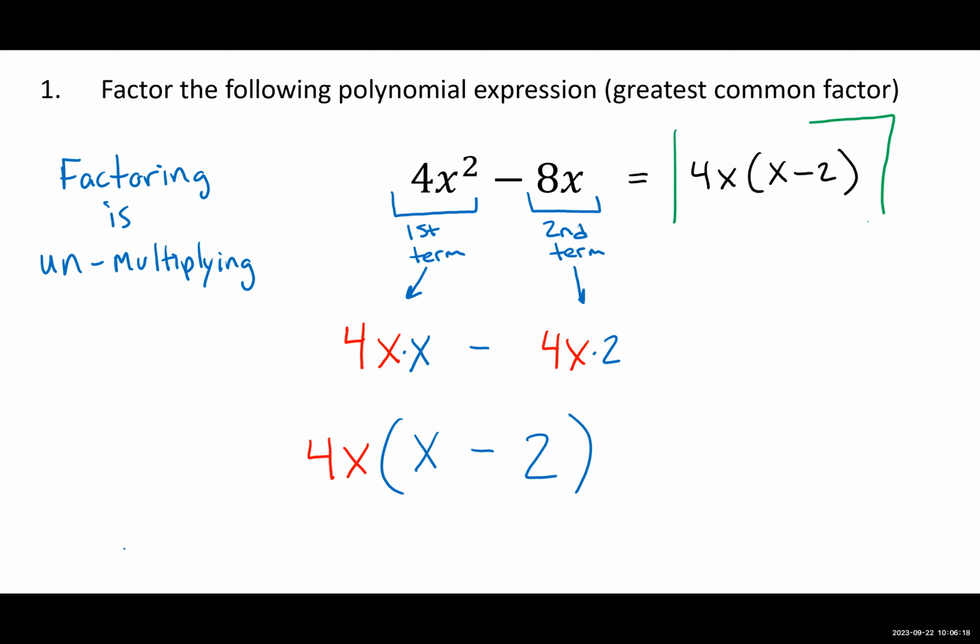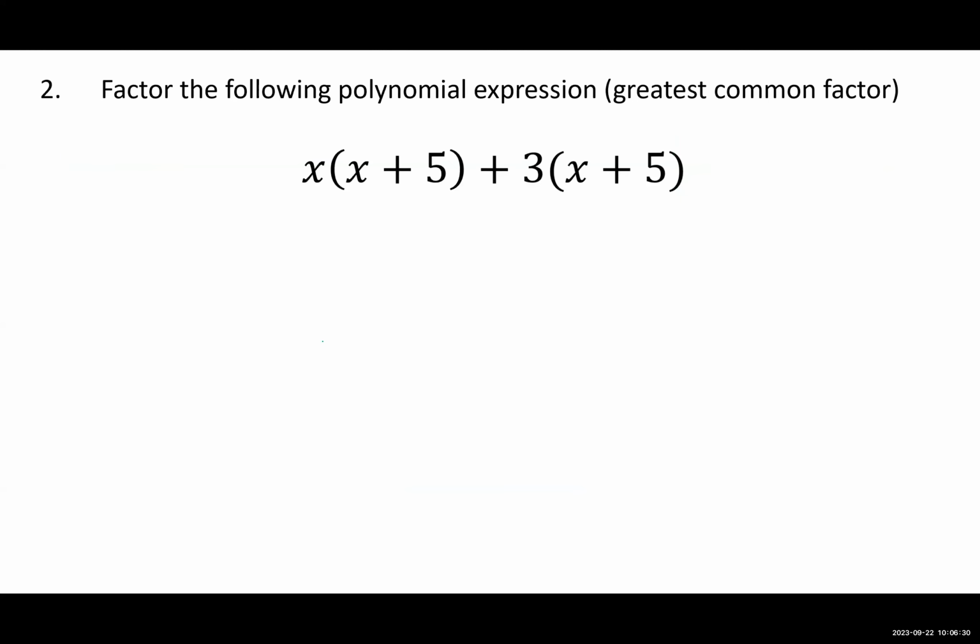Next problem is another example, same type. Pulling out a common factor. In this case, the common factor was 4x. In number 2, we have 2 terms here, right? The first term is x times x plus 5. It has two factors. It's the x multiplied by the parentheses x plus 5.